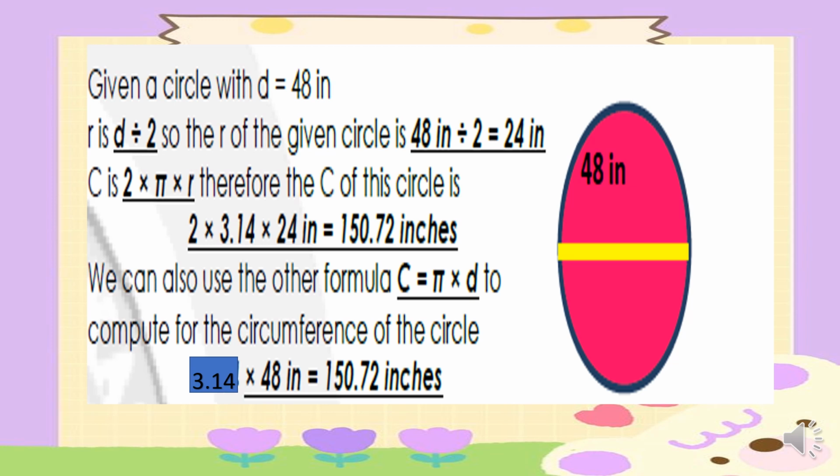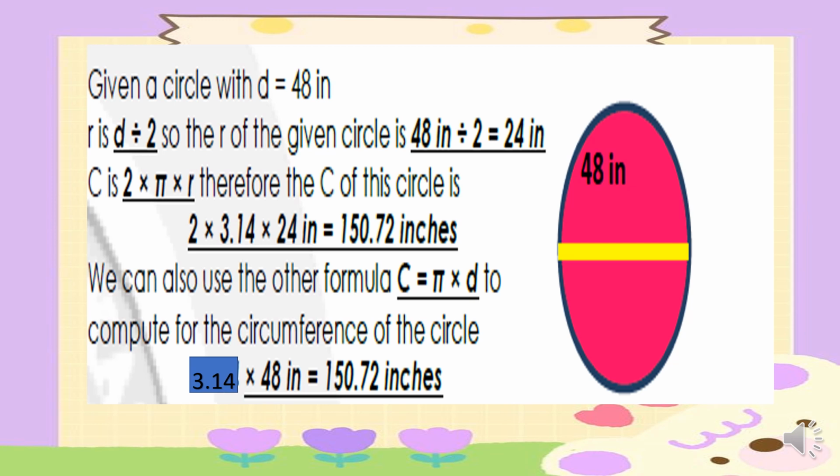So the formula will be C is 2 times pi times r. Therefore, the C of the circle will become 2 times 3.14 times 24 inches. That is equivalent to 150.72 inches.